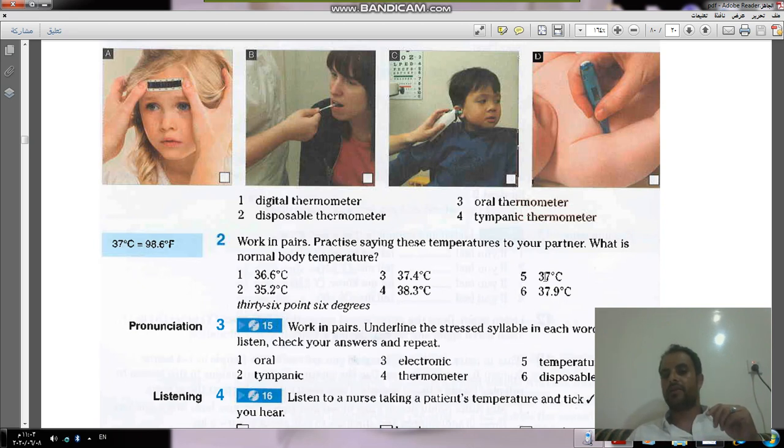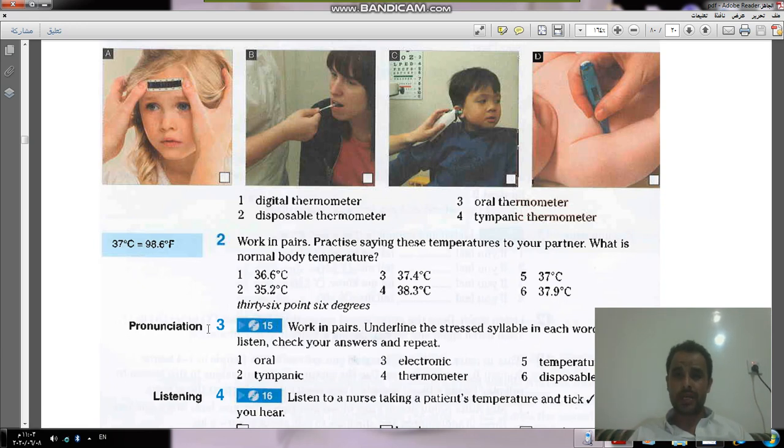Number 5, 37 degrees. 6, 37.9 degrees. Very nice. Now you are okay if you repeat after me. Now you have to know this. 37 degrees equals 98.6 Fahrenheit.